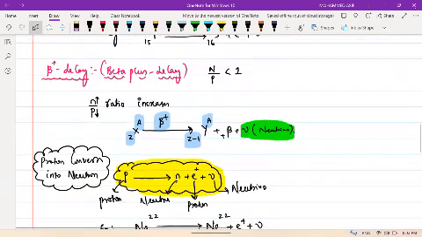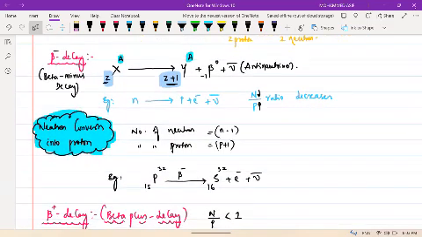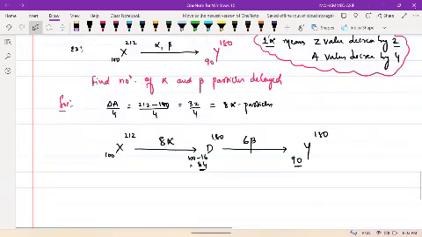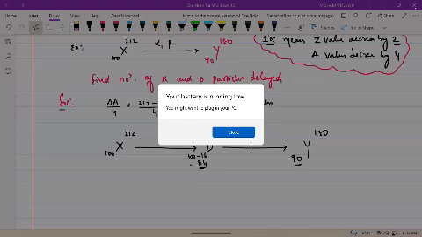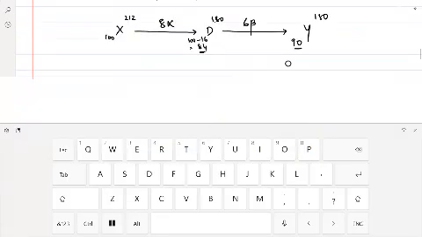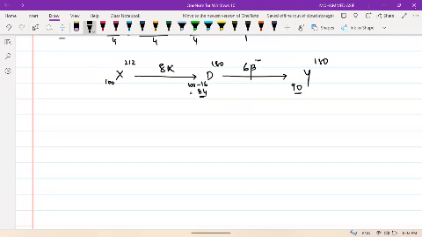If it is beta plus, Z value is decreasing by 1. If it is beta minus, Z value is increasing by 1. So it should be beta minus. Am I clear? Yes, sir. It should be 6 beta minus.